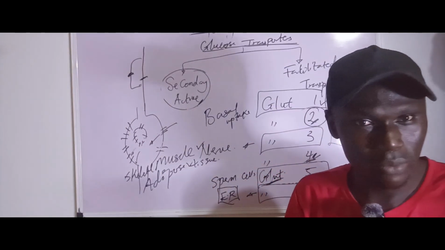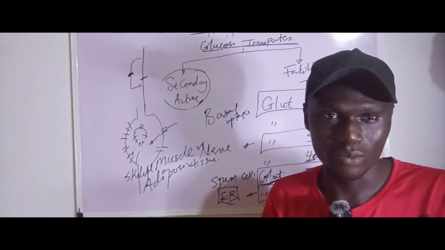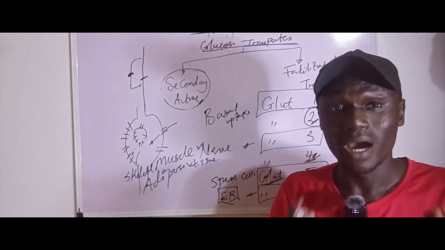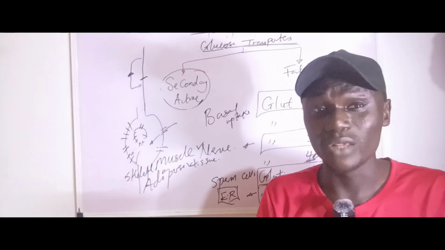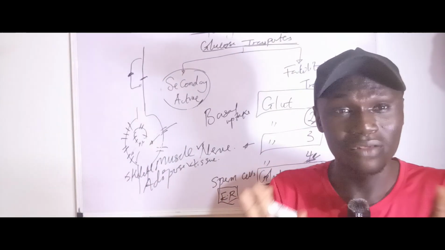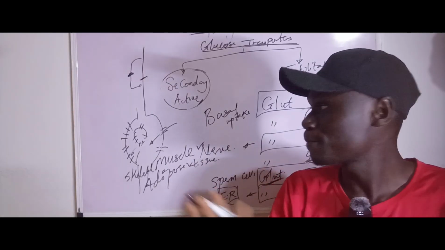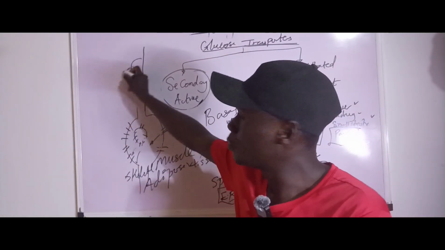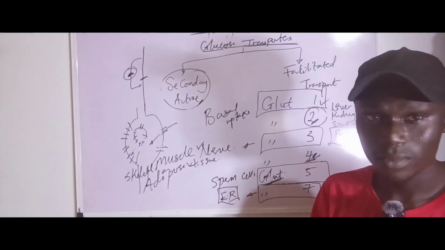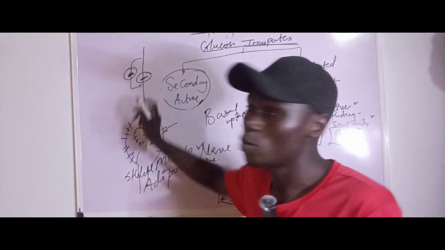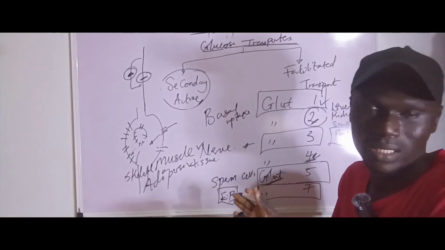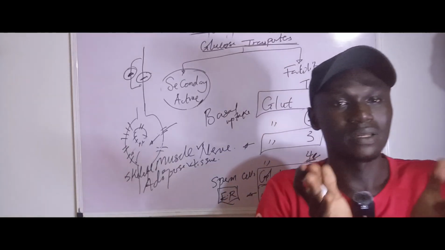Do you remember that GLUT2 is found in the small intestine? I believe you remember. And S-GLUT1 is also found in the small intestine, but in different locations. Let me repeat it again: S-GLUT1 on the luminal part, GLUT2 on the basal part of the cell. Okay, so that is all for now.